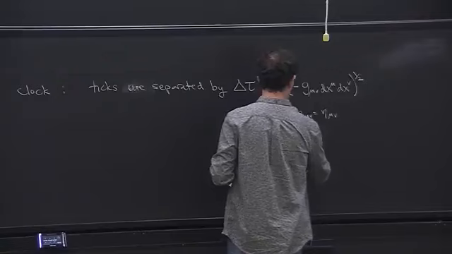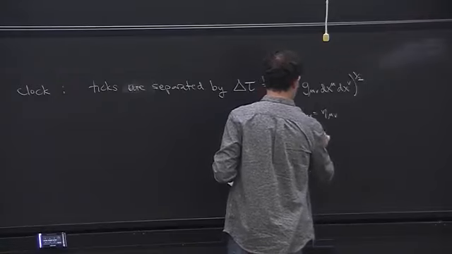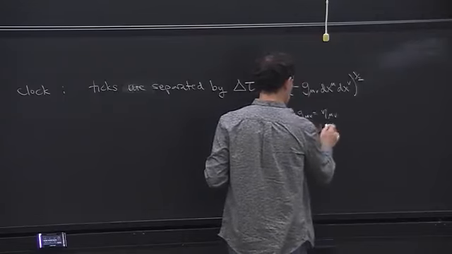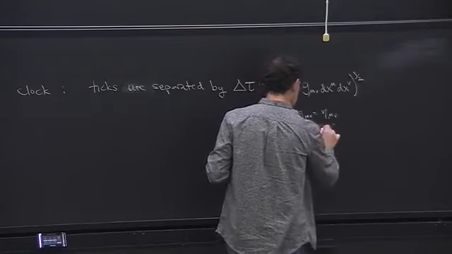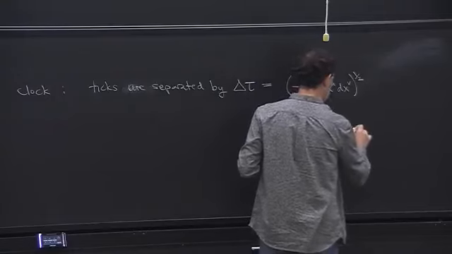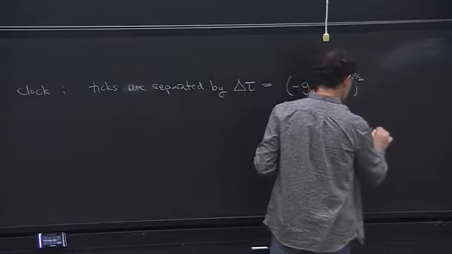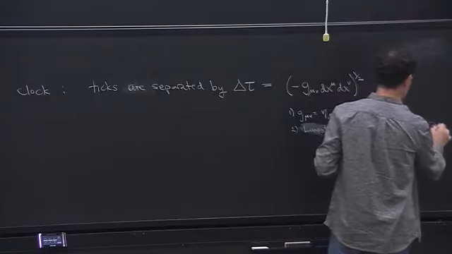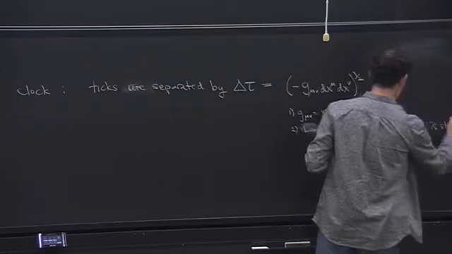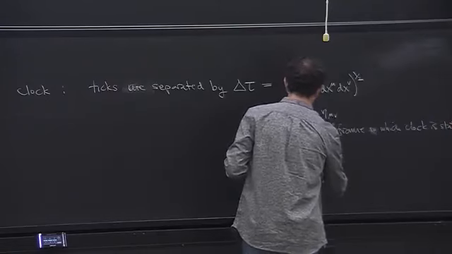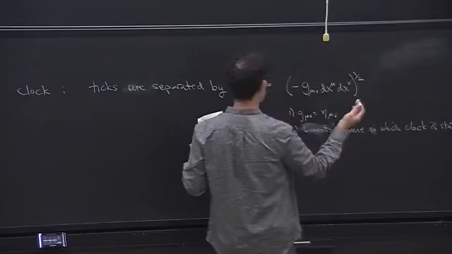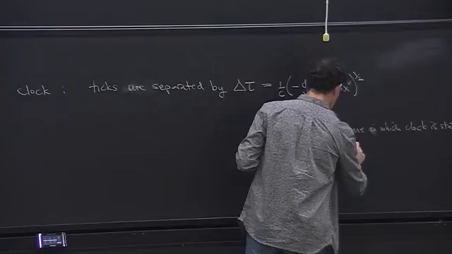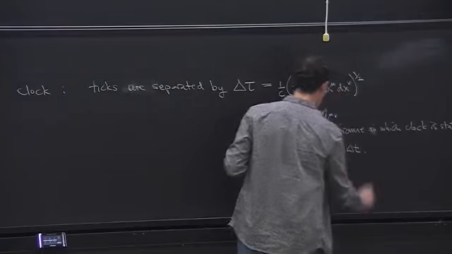And second of all, we can pick a Lorentz frame, pick a local inertial frame. Sorry, pick a Lorentz frame in which the clock is static. And in that frame, delta tau, I'm always getting these c's wrong, this would be 1 over c times delta t.